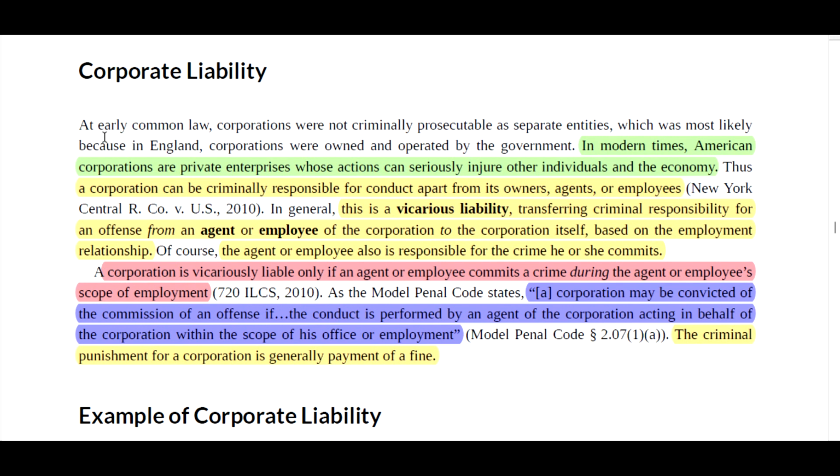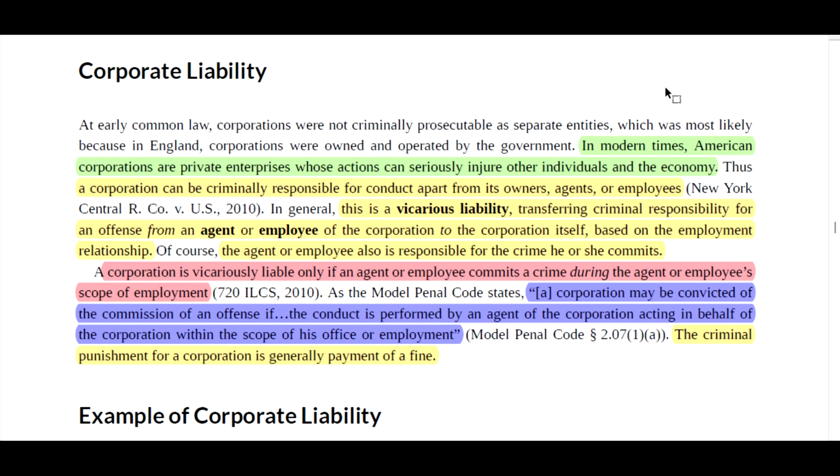Corporate liability: in early common law, corporations were not what they are today at all. If you looked at a quote-unquote corporation in the 1800s, 1700s, they were either owned by the government or they were owned by rich landowners. It wasn't an individual CEO starting a business with a board of trustees and all this.